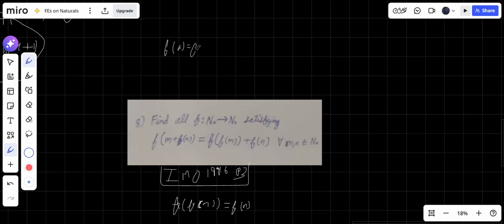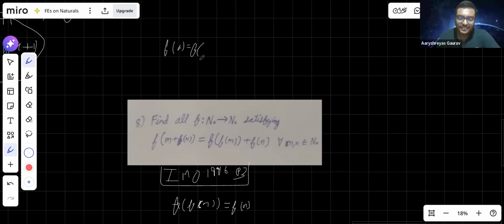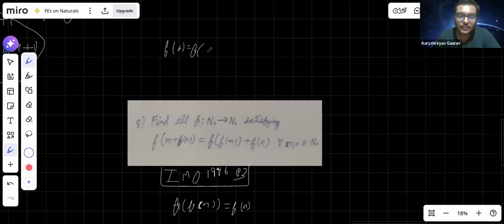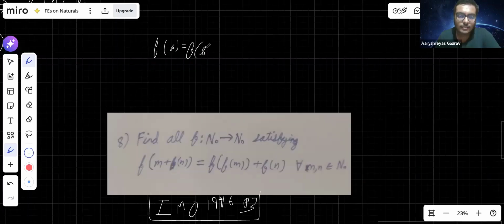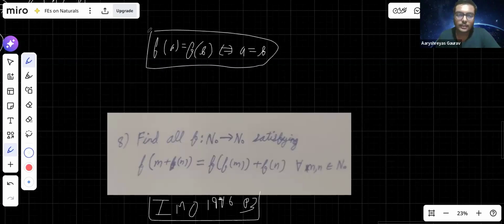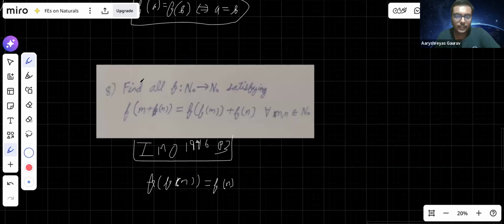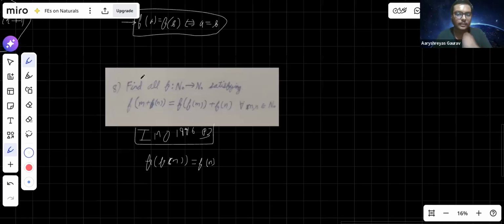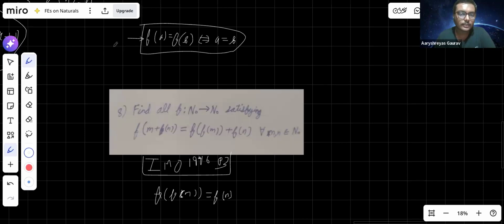Injectivity is just that if f of a is equal to f of b, then a is equal to b. This is the literal meaning of injectivity. That's all about injectivity. Actually, I don't think this problem is going to use injectivity. The sixth one is going to use injectivity.